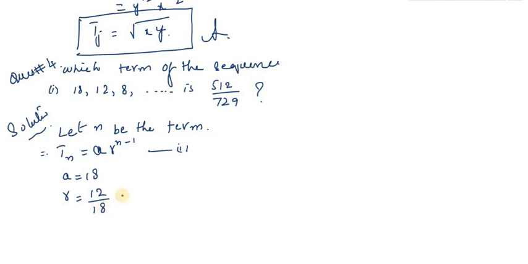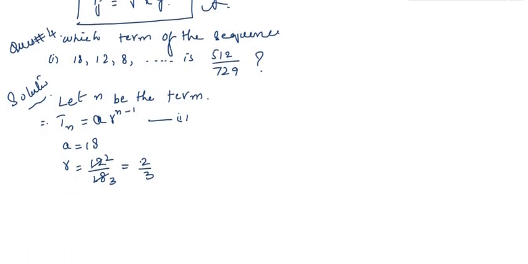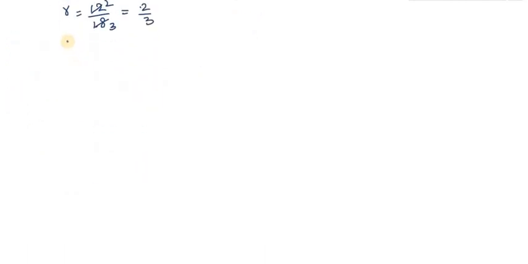So the ratio is 2 upon 3. 6, 2, 12 and 3 sixes are 18. 2 upon 3 is the ratio. And the nth term is given as 512 upon 729. So Tn is equal to this.